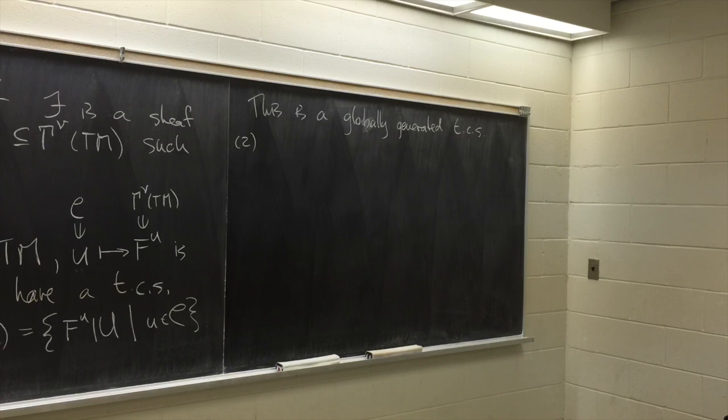So if we go from a control system to a tautological control system, we end up with something that's globally generated. To go back, you have to start with something that's globally generated.